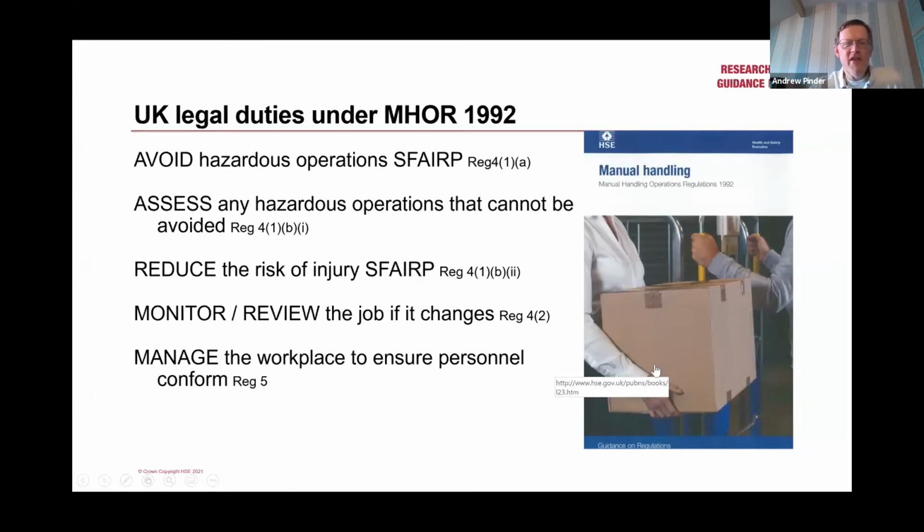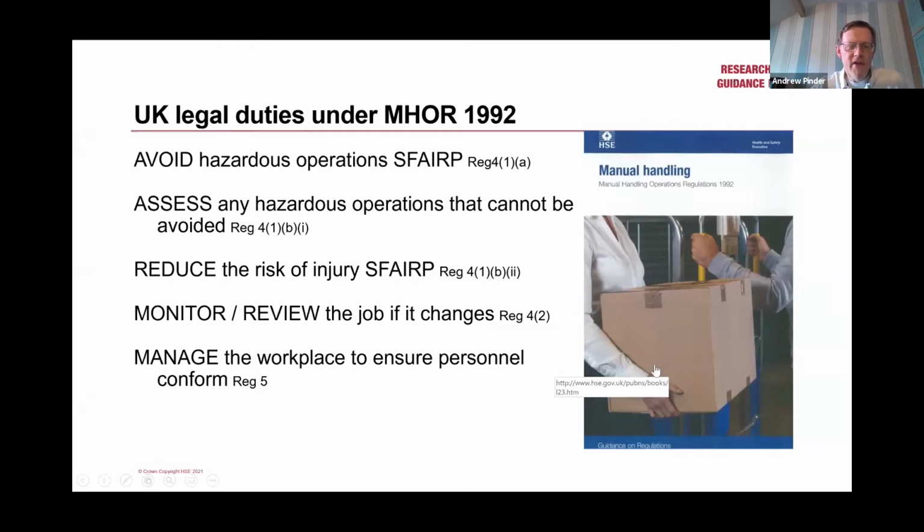If things can't be avoided, then you need to do an assessment. Once you've done the assessment, there's a requirement to try and reduce the risk of injury, again, as far as is reasonably practicable.